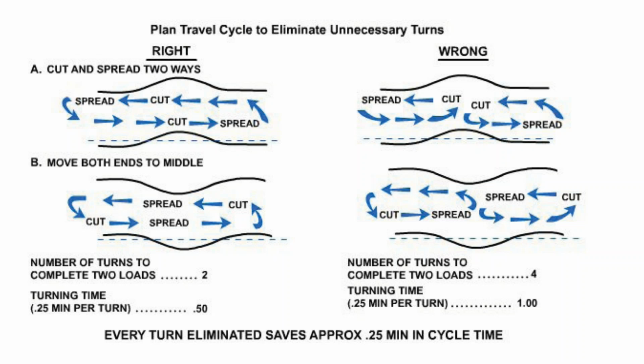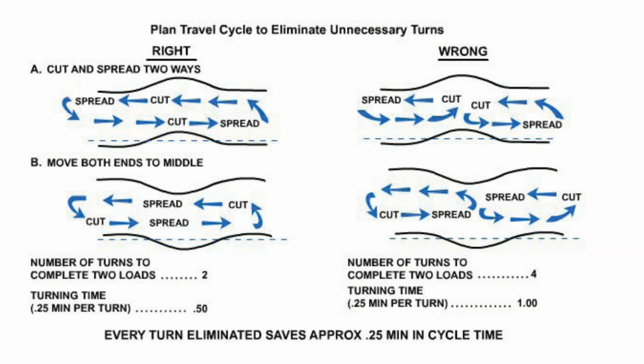So let's take a look at A. In a project in A, we have a cut that is occurring in between two fills. We want to minimize our turns, so we set up a long loop. We cut in one direction, then we spread, turn, return to the cut, but don't turn back. Go from the cut to the next spread, deposit our soil, and then return. And so we have a loop that has two turns.